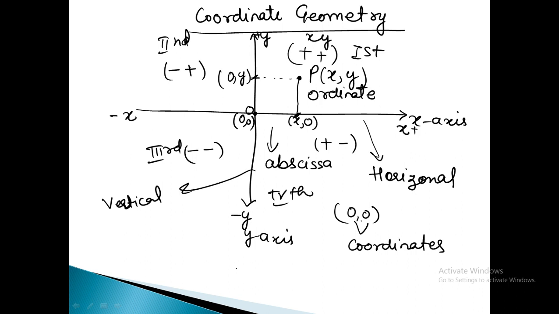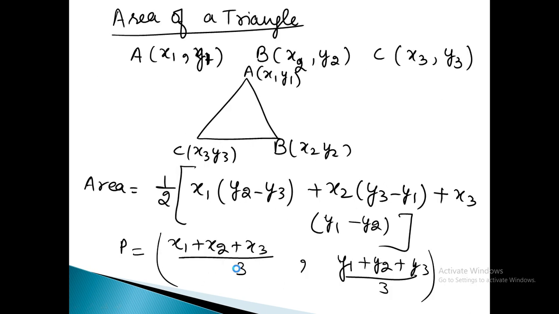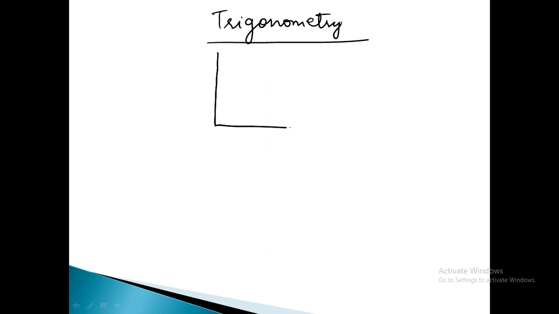Next chapter of revision, that is trigonometry. In this chapter, you should keep in mind, first of all, these directions, these sides, 90 degree, this is known as theta.